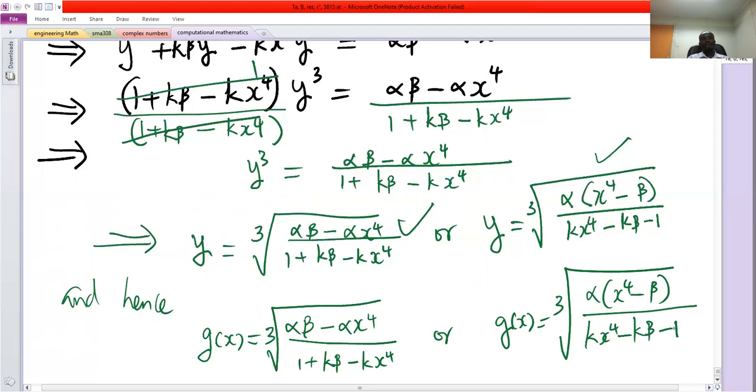You can always confirm and see that that is the correct structure of the function. Thank you.